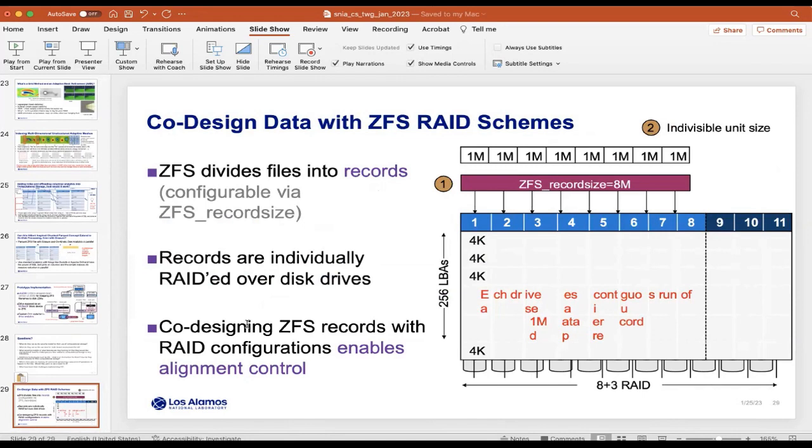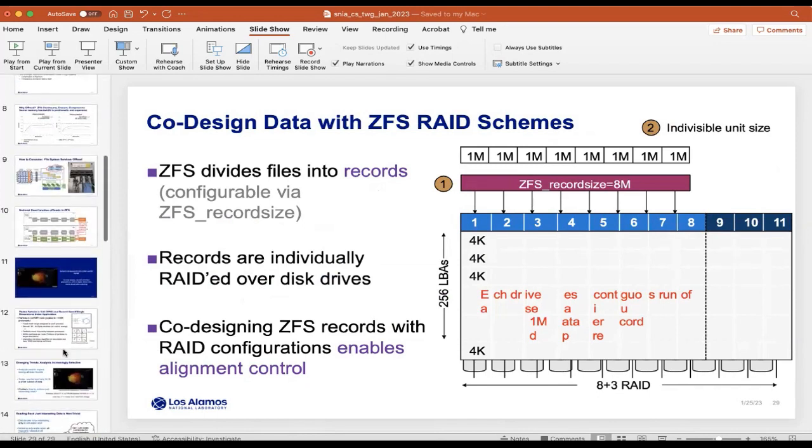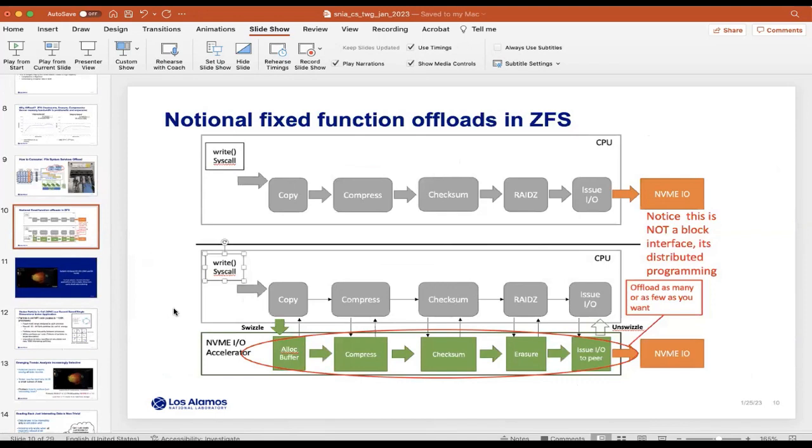Oh. Yep. And then can you move back to slide number 10? Slide number 10. Yes. Here I see several processes in the NVMe IO accelerator. So I believe it could be a DPU or a CSD.